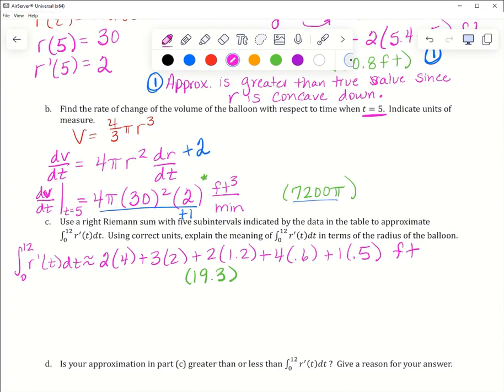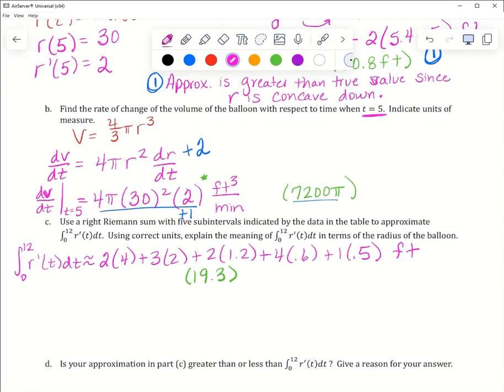Now, using correct units, explain the meaning of this in terms of the radius of the balloon. Y'all, if you're explaining the meaning, don't be mathy. That's coming from a math teacher, but don't be mathy. Talk like a normal human.